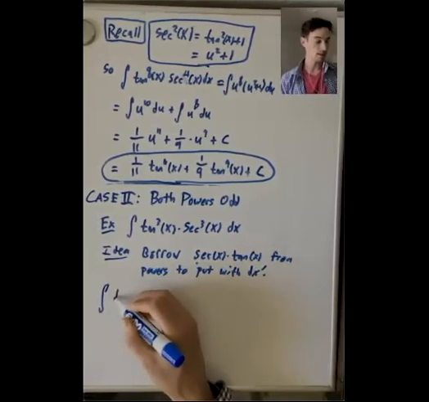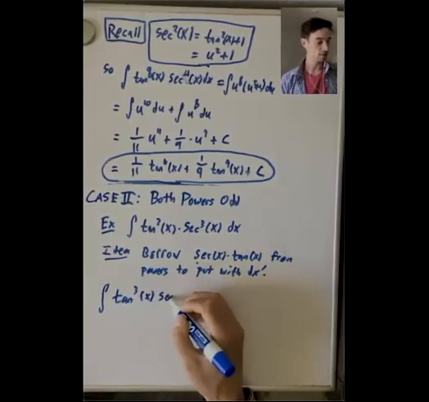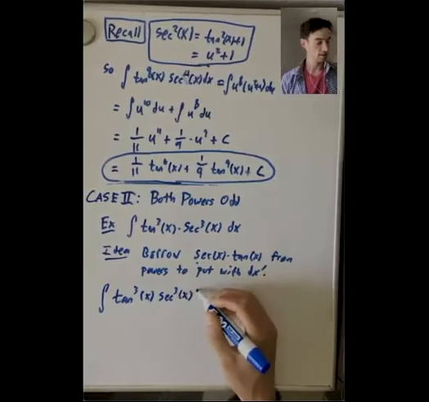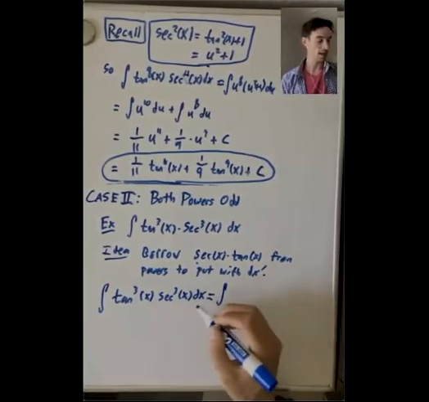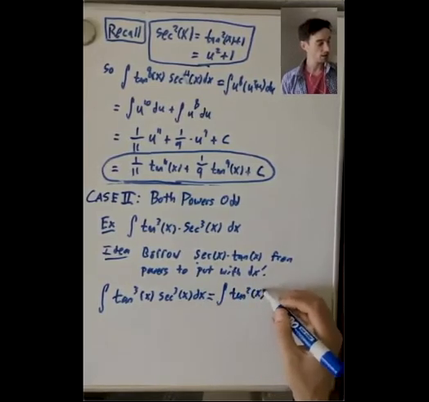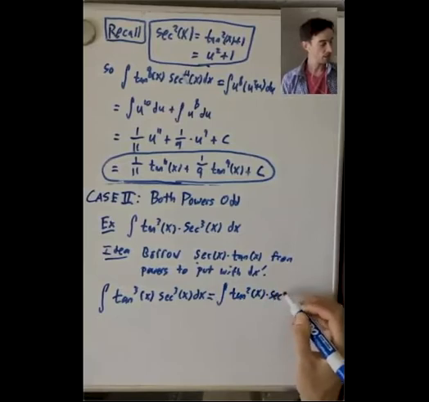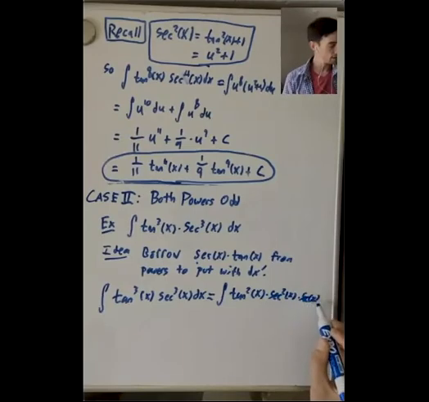What I mean is that the integral of tan cubed x secant cubed x dx. I'm going to take one tangent and one secant to put with the dx. So what I'm left with is the integral of tangent squared x times secant squared x times secant x times tan x.